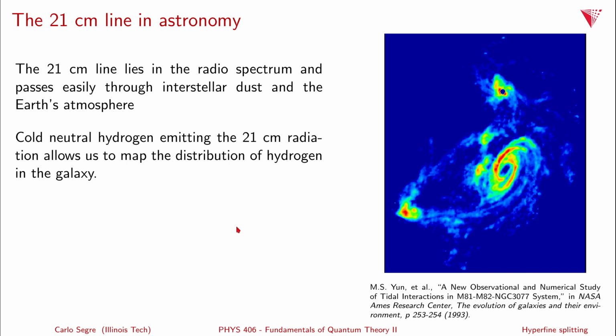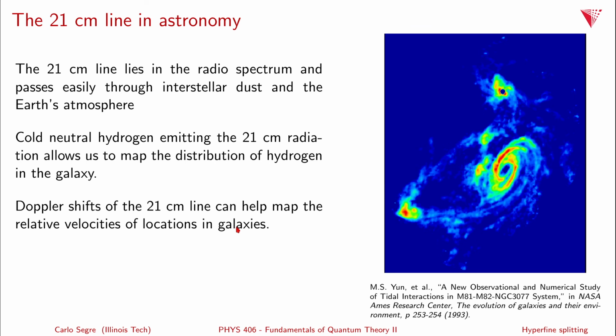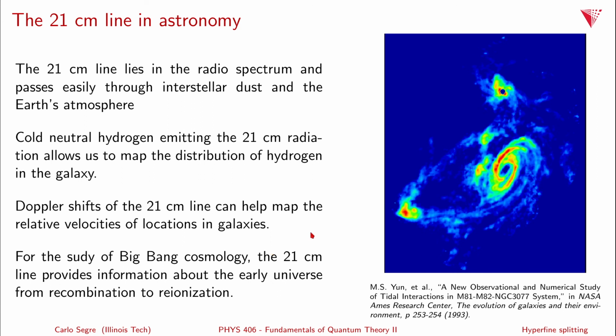You can find out, using Doppler shifts of the 21 centimeter line, the speeds and relative velocities of the locations in the galaxy, so you can see what the relative velocities of the galaxies are, if the velocity is at least lying in the plane of observation. And you can use this same 21 centimeter line for the study of Big Bang cosmology.